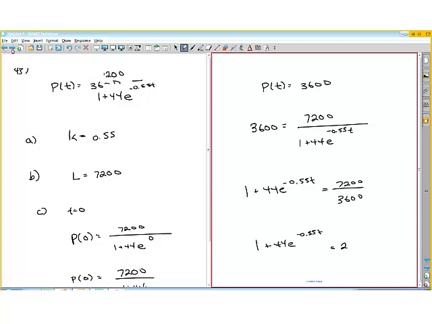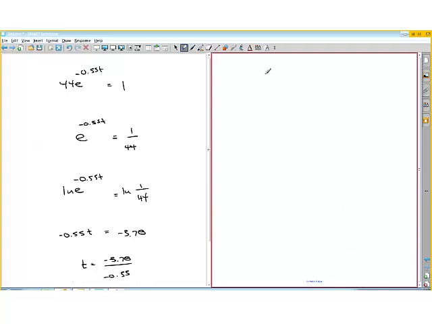So what we would do is we would say dP/dt is equal to K times P times 1 minus P, which is the variable, divided by the carrying capacity, which is 7,200. And we could also say that P of 0 is equal to 160.